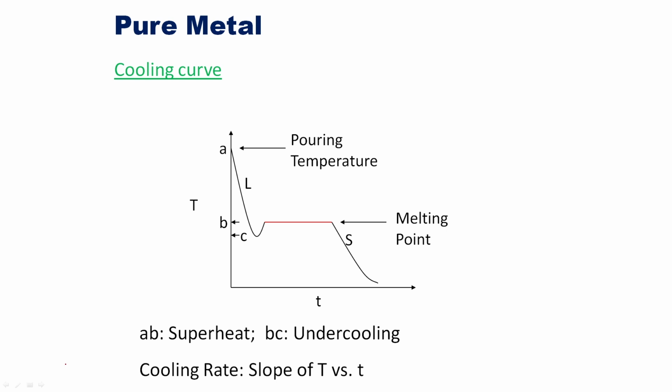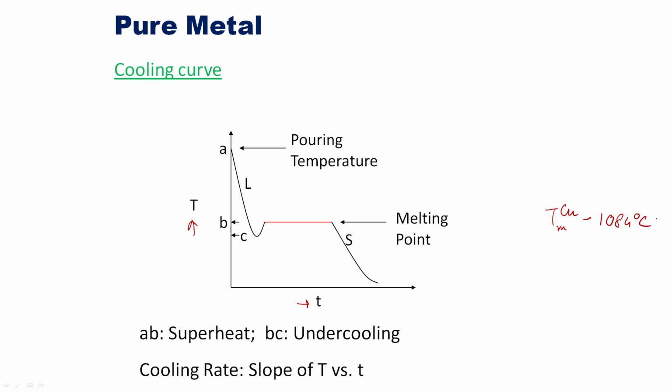The y axis is temperature, the x axis is time, and it starts cooling from the liquid state. You can clearly see it cools down, still reaches point B, and point B corresponds to the melting temperature of copper. What is the melting temperature of copper? Anybody remembers? It is 1084 degrees Celsius.